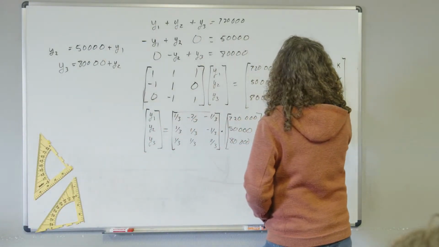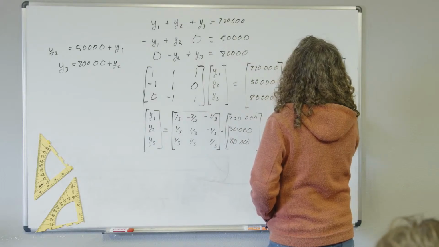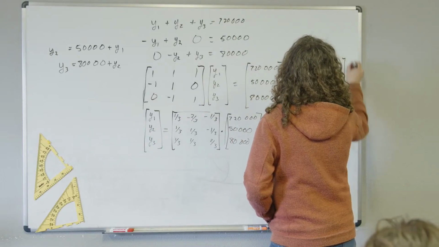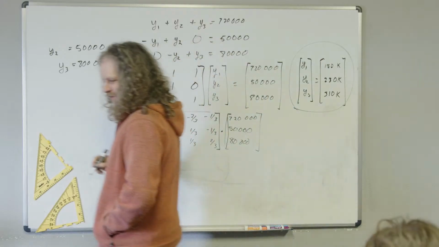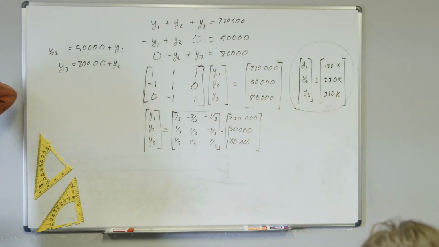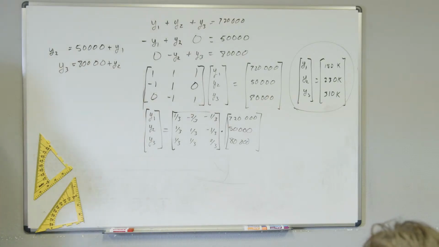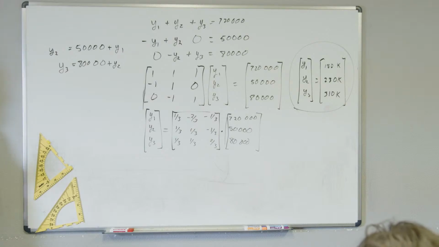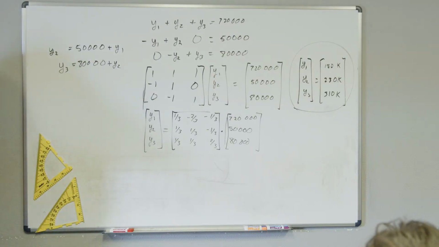If you showed this much on your paper, I would give you 100% of the points for this problem. Make sense? Easy peasy? And you use the calculator to get the inverse matrices of that.